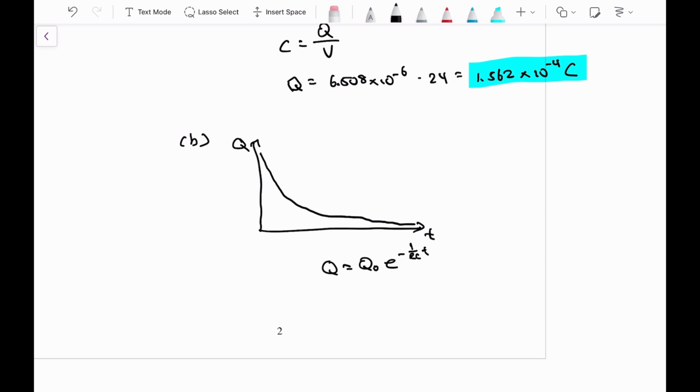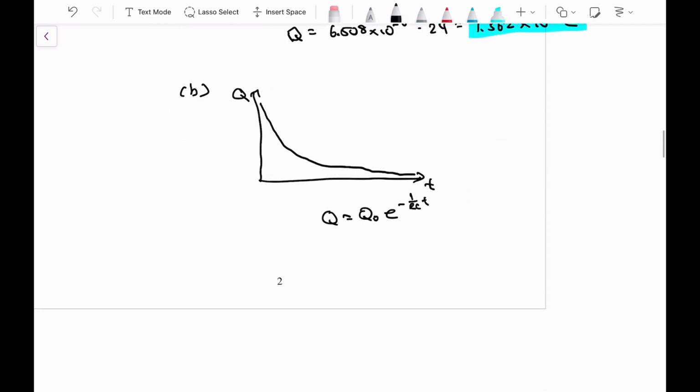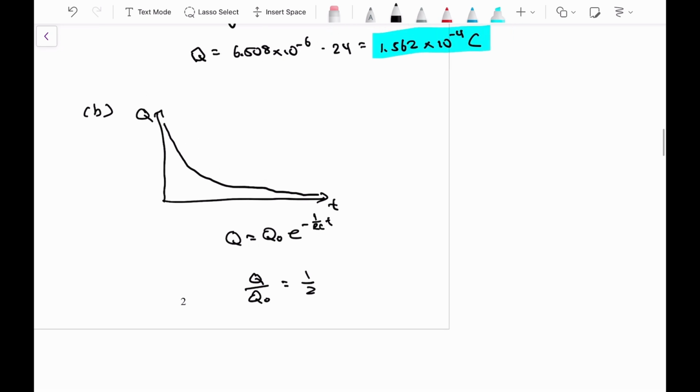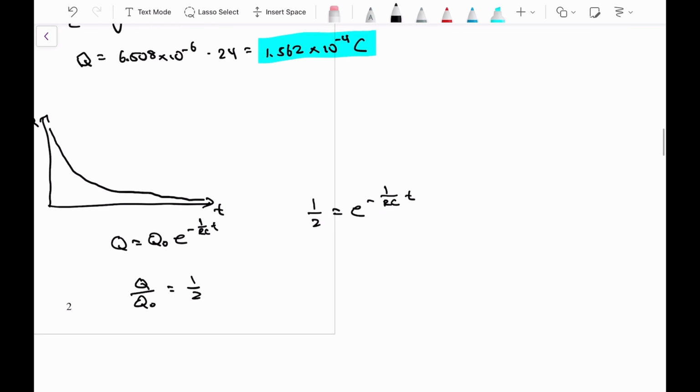What we want to calculate is the time taken for when half of the charge is left, the time taken to lose half its maximum charge. So essentially Q over Q0 is equal to a half. If we apply this to the equation, a half is equal to e to the power of minus t over RC.